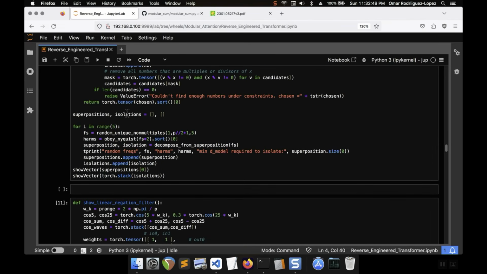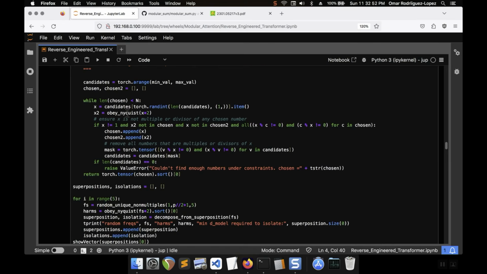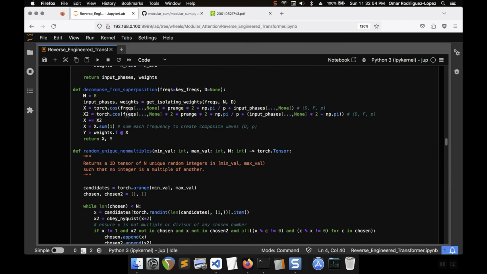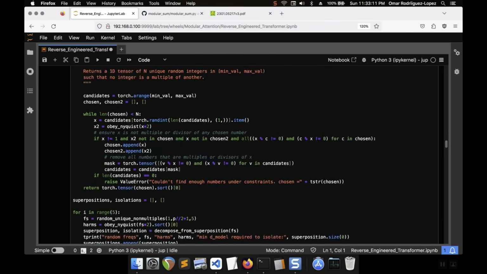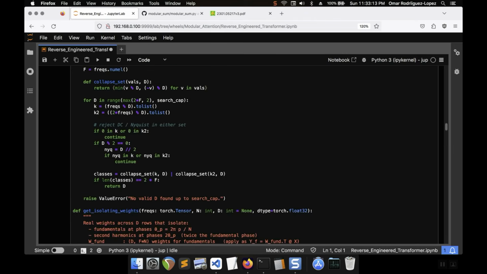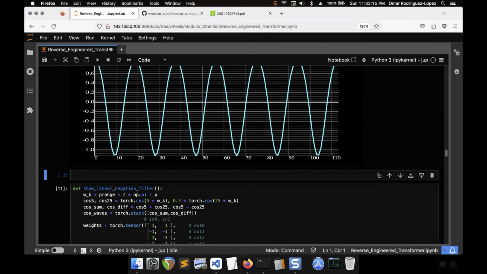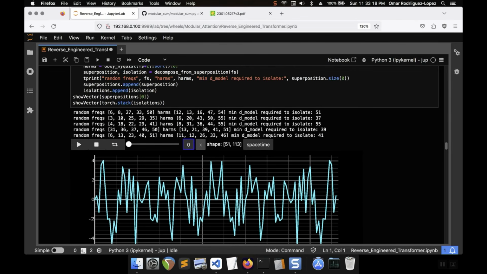Now, I did some research into taking waves out of superposition, and I wanted to find out how many dimensions were required if you wanted n waves isolated from them all. So I ran this stuff. This is a lot of code. I'm not going to show all of it, but I'll post it. But basically, random sets of frequencies, they're harmonics.